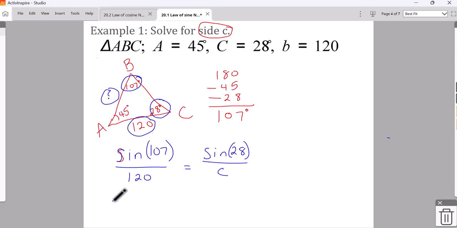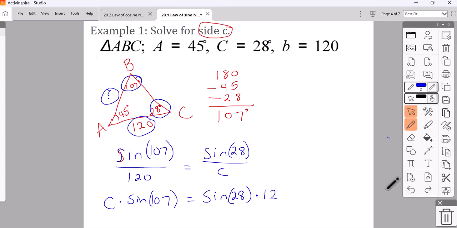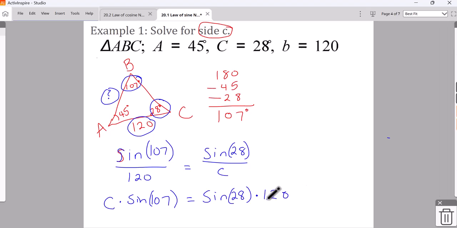Then this turns into c times sine of 107 equals 120 times sine of 28. Then we can divide by sine of 107 on both sides.